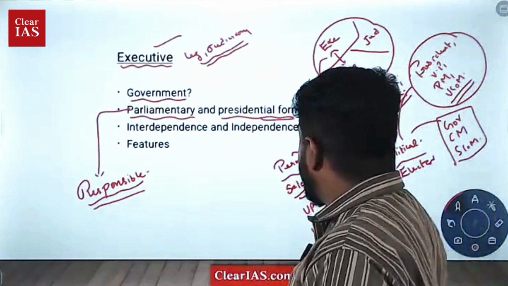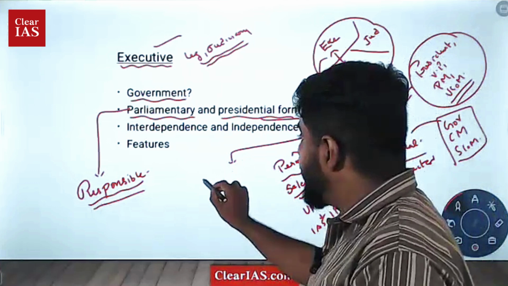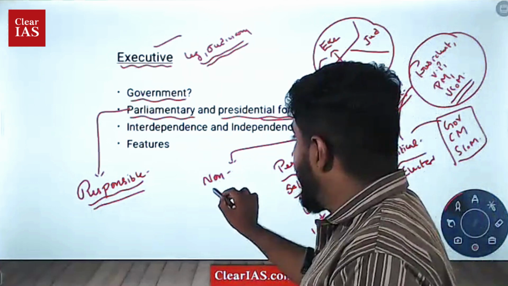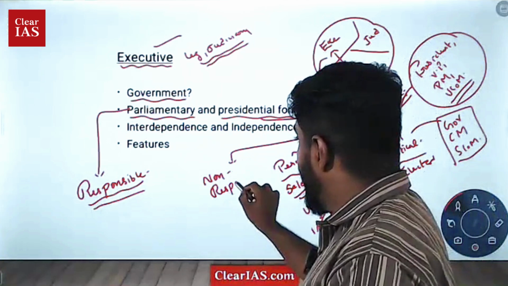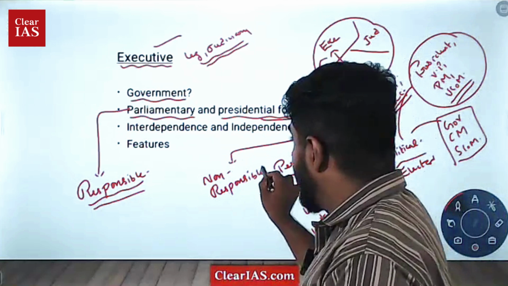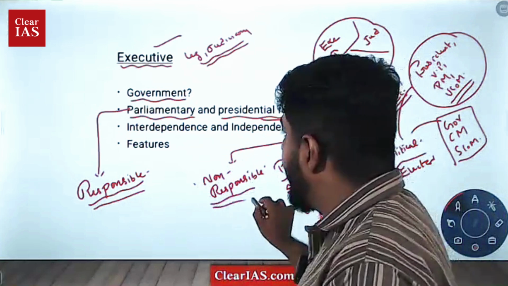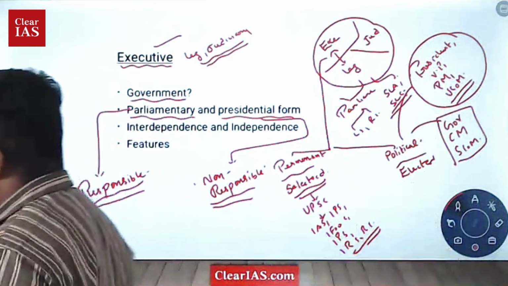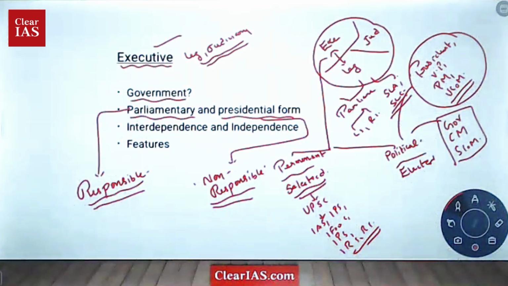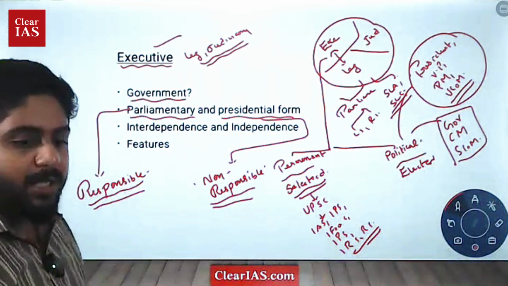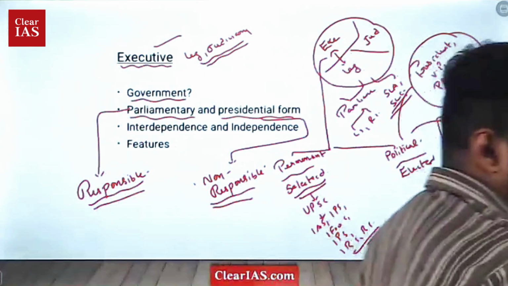Now, what is the presidential model of government? The presidential model of government is a non-responsible model of government. So the parliamentary model is a responsible model, and the presidential model is a non-responsible model.